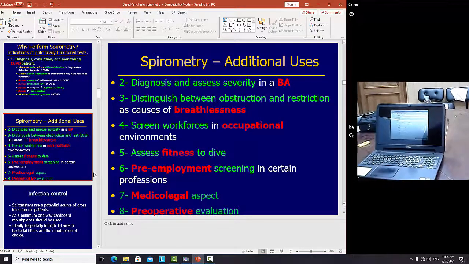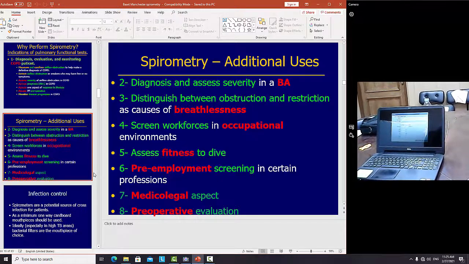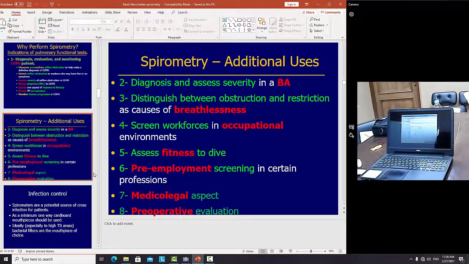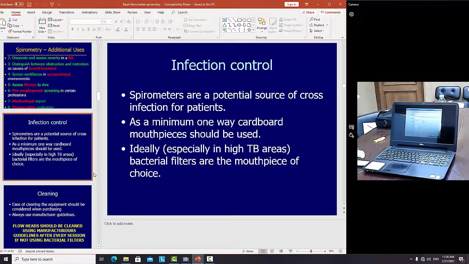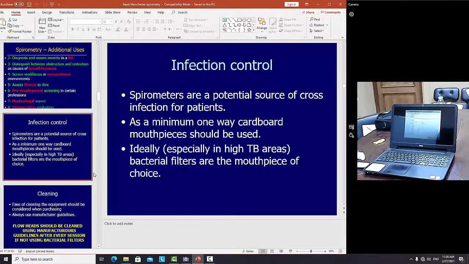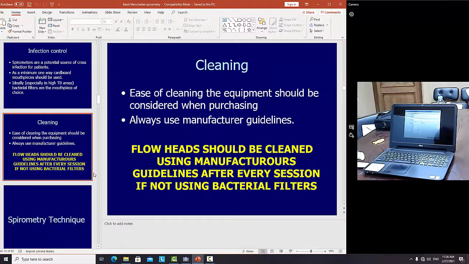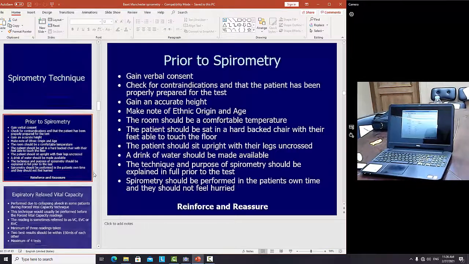It is also used to screen the workforce in occupational environments, assess fitness to dive, pre-employment, medico-legal, and pre-operative evaluation. We have an infection control policy to clean the spirometer before doing it, using the guideline for each apparatus. Now, the spirometry technique.